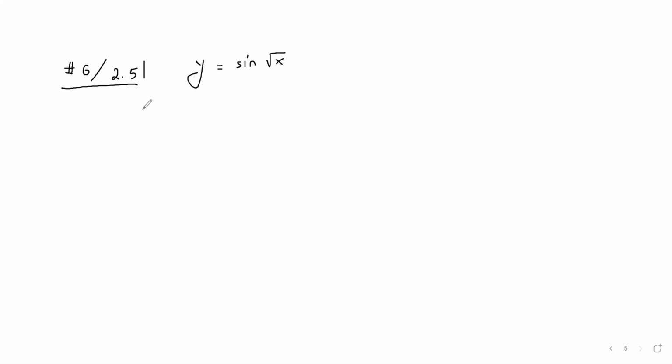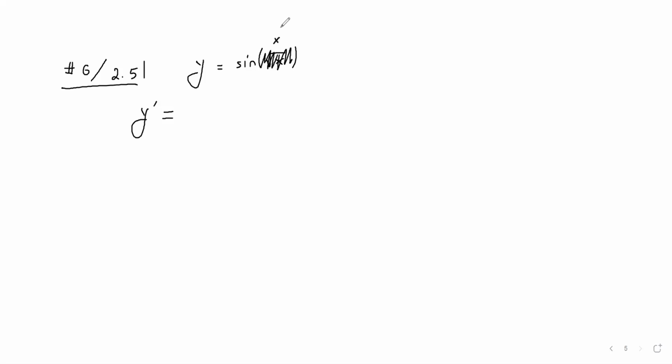So the derivative is going to be, now let's pay attention to the structure of this problem. This is sine of the square root of x. So instead of sine x, I have sine of the square root of x. Again, it's not a power of sine. It's the argument here that is problematic, so it's different.